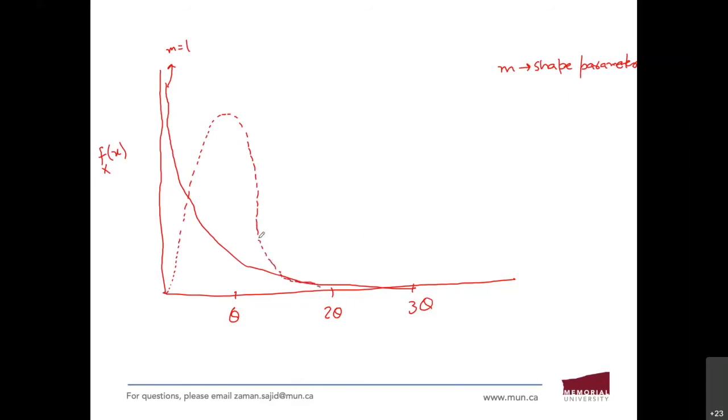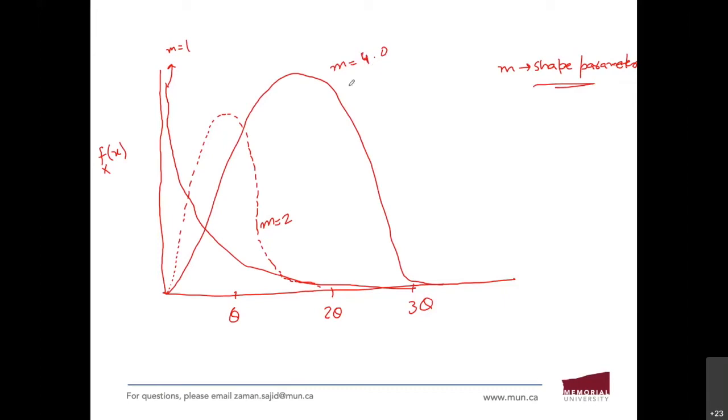This is drawn at m equal to 2. If you have a higher m value, then this graph will be like this. This is my m equal to 4.